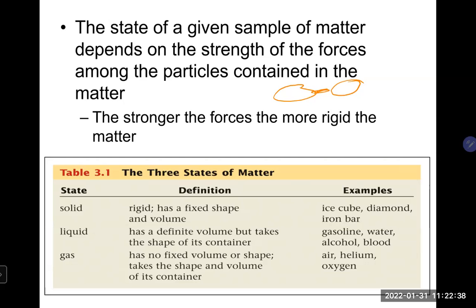Something where we have a lot of weaker force, if this is much weaker, it's going to allow these guys to get away from each other a lot easier, and it can go into, for example, the gas phase.